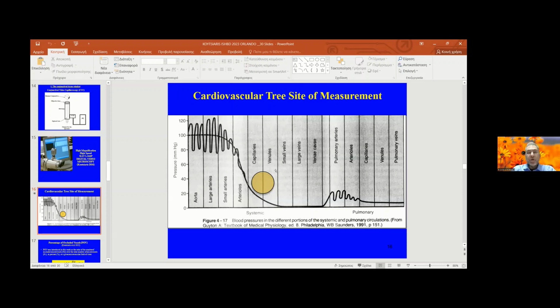So our site of measurement was here in the capillaries and post-capillary venules. So we had no confounding factor from this. We had exactly a certain point of measurement in the vascular tree.